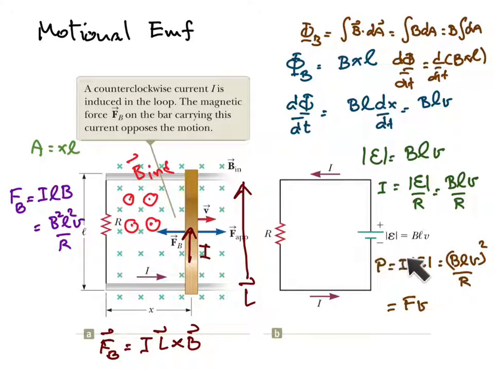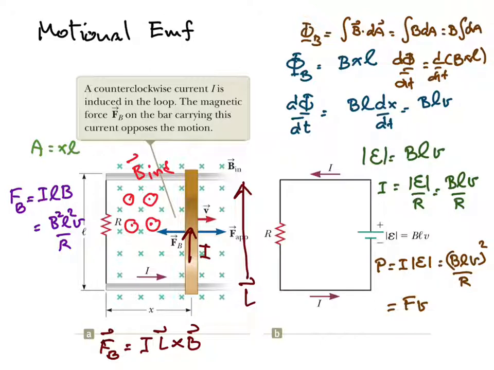Normally P is IV, but here V is equal to the magnitude of E, so we have P is IE, and we know E is equal to BLV, and I is equal to BLV over R. So this product becomes B squared L squared V squared over R, right?